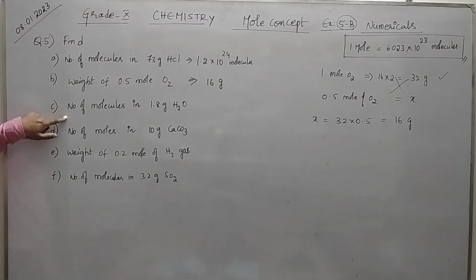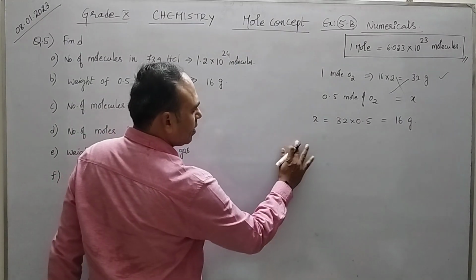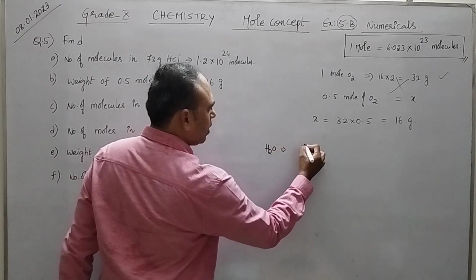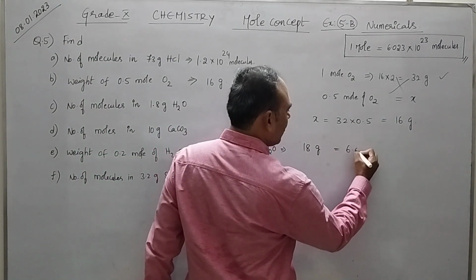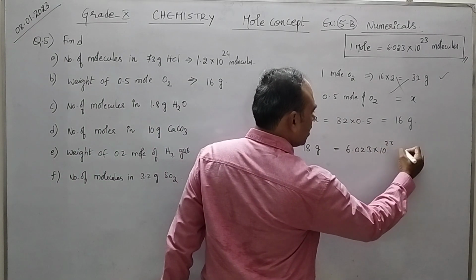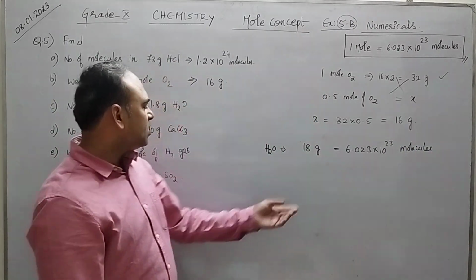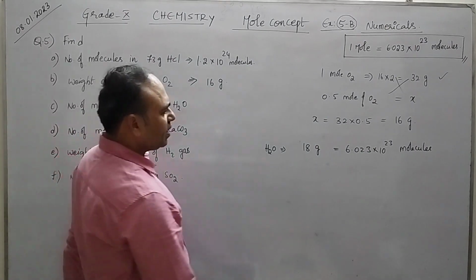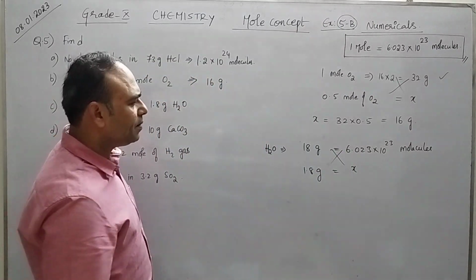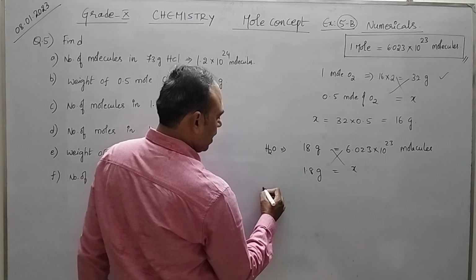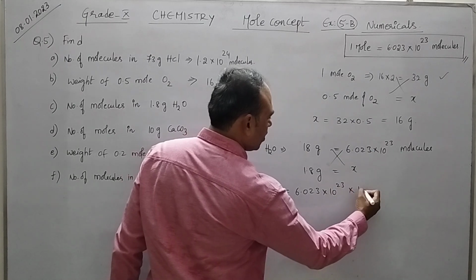Now coming to the third, the number of molecules in 1.8 grams of water. For water, the molecular mass is 18 grams. So 18 grams of water contains Avogadro number 6.023 into 10 to the power of 23 molecules. First one is already known to us. Now the question is, what is the number of molecules in 1.8 grams? Therefore 1.8 grams is equal to X. Cross multiply, you get 18X is equal to 6.023 into 10 to the power of 23 into 1.8.